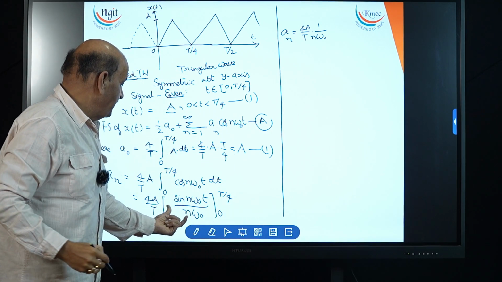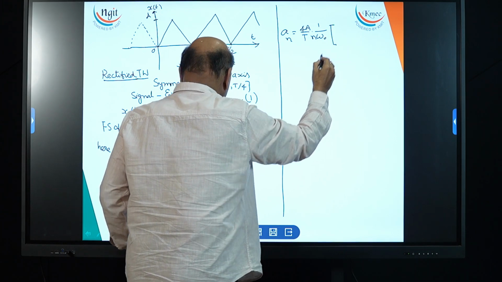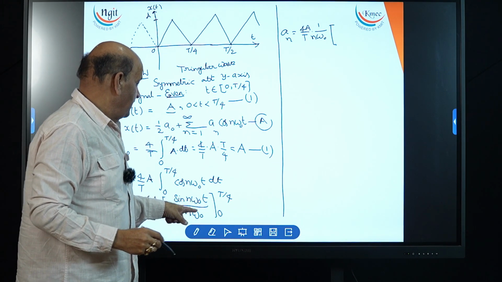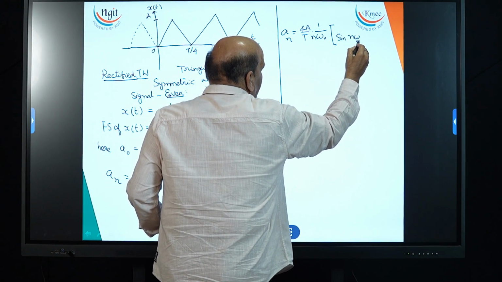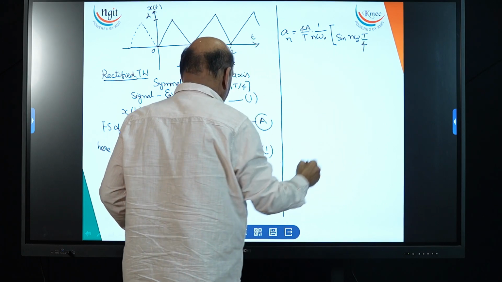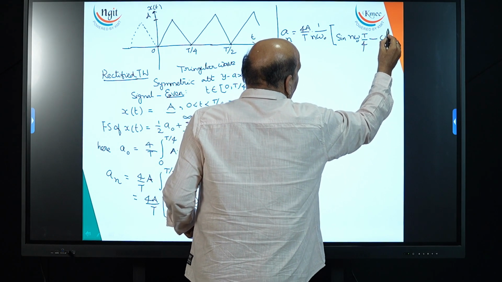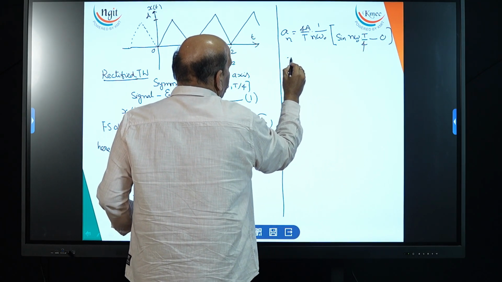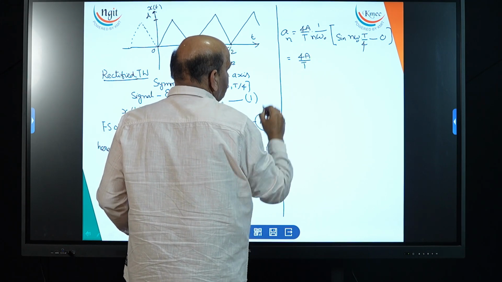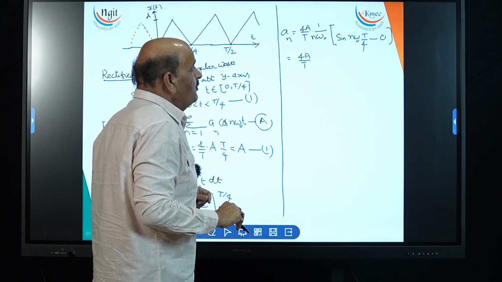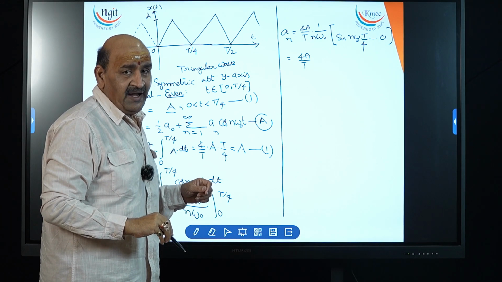This part is constant, and substituting its value: sin n omega naught, wherever small t is T by 4, lower limit equal to 0, sin 0 equal to 0. This becomes 4A by T. Here you put omega naught equal to 2 pi by T.